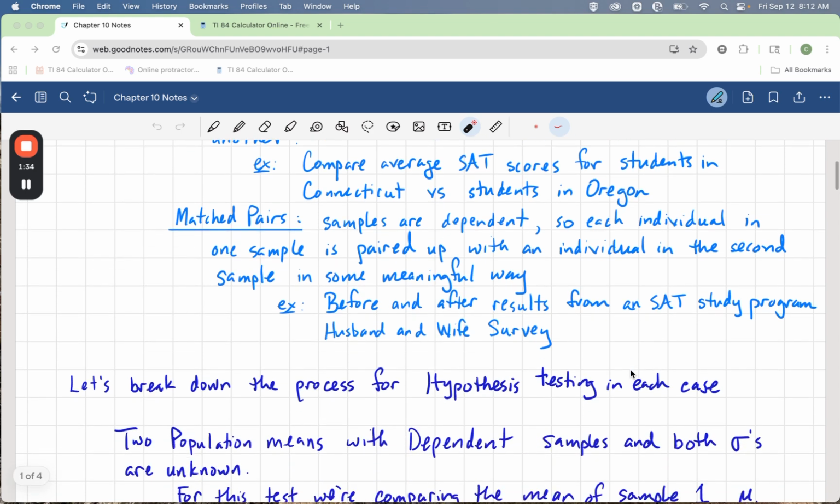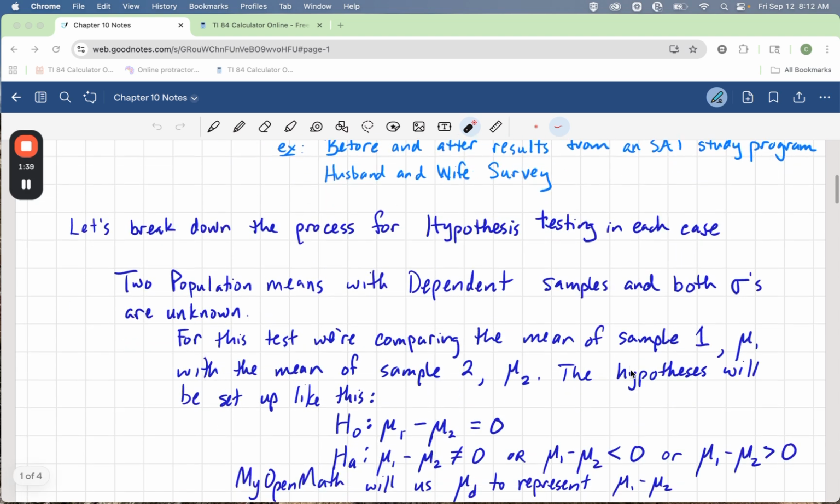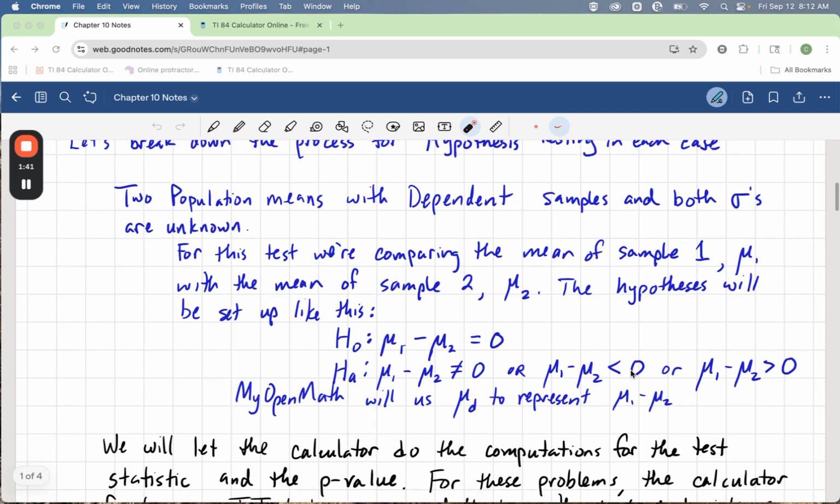All right, so let's break down the process for this hypothesis testing in each case. So if you have 2 population means with dependent samples and both population standard deviations are unknown, for this test we're comparing the mean of sample 1, mu1, with the mean of sample 2, mu2.